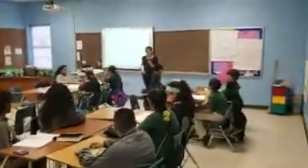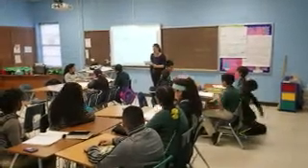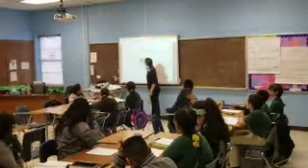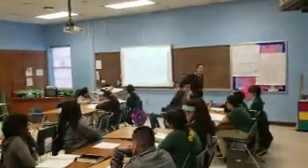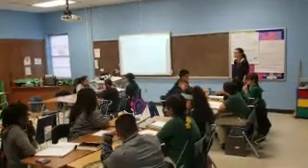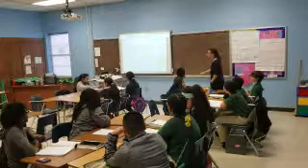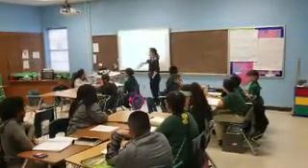So before we get started on that, let's go ahead and check exit tickets from yesterday. That is what we were given. So what was done to find the unit rate? What did we divide? 1,740. We divided by 40.